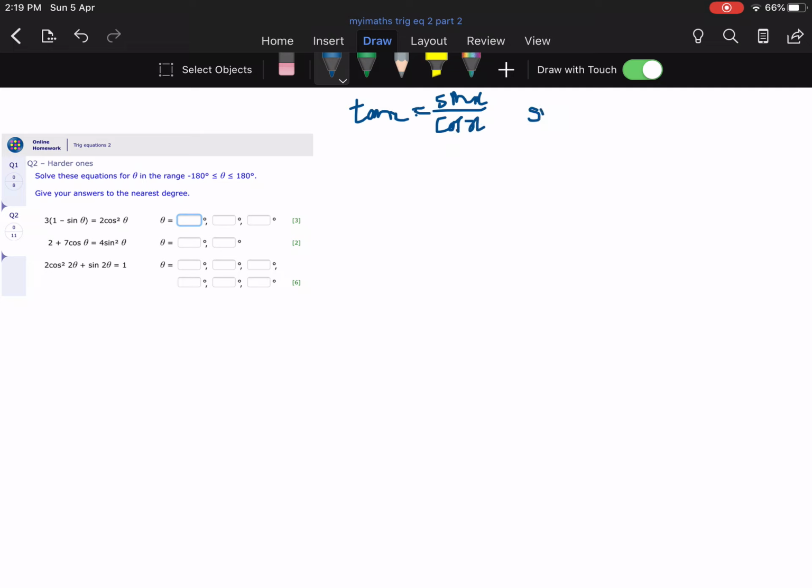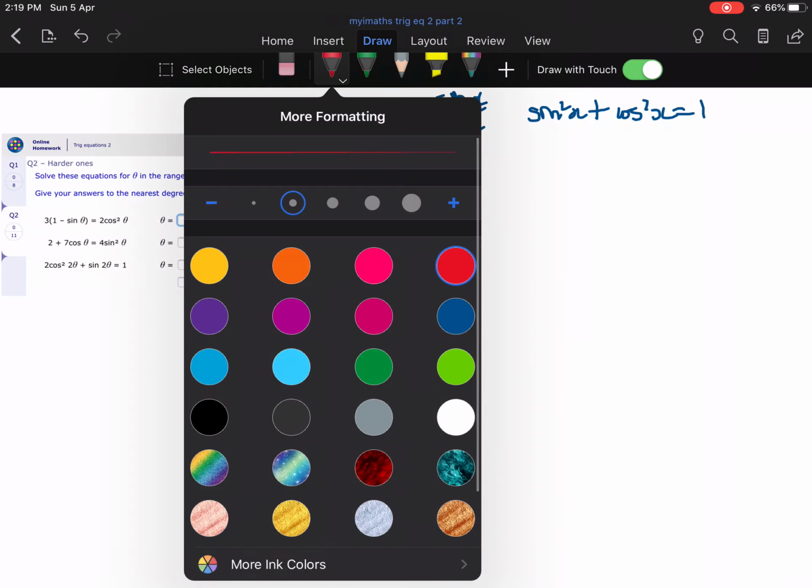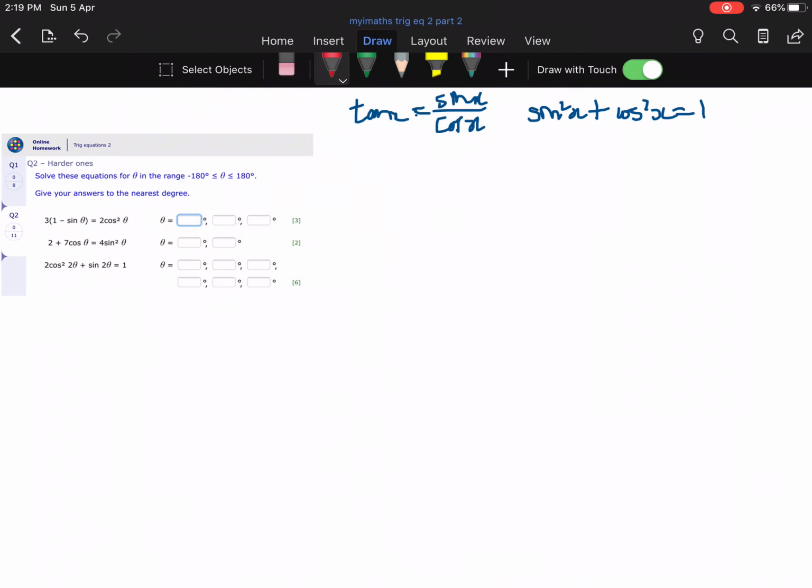And we also know that sine squared x plus cos squared x equals 1. So I think that should be good enough for us to do these. If I rearrange the second trig identity, I can say that cos squared x is equal to 1 minus sine squared x.